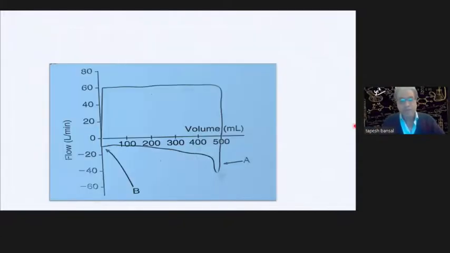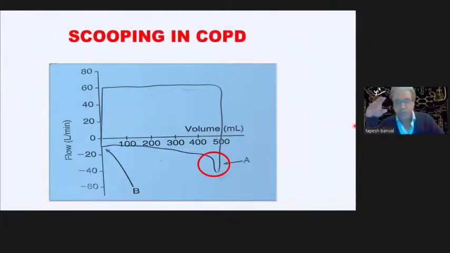Now, this is a classic example of a COPD flow volume loop. This is the flow volume loop, and this is known as scooping in COPD. As you can see here, the peak expiratory flow rate is decreased and is slanting slowly and is scooping. It is not straight like this. Right?